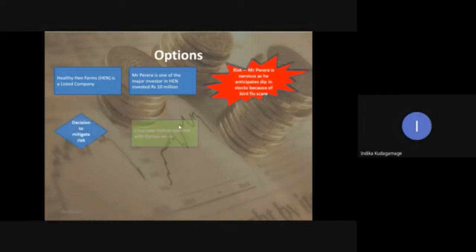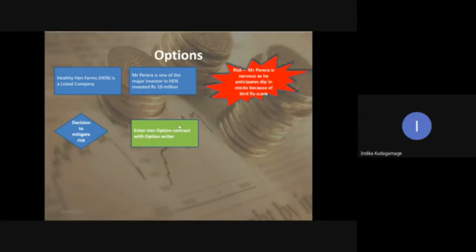Option is also a little bit similar to futures. Right? There, I'm afraid that my prices will go below 200. Forget about this example. I'll take Gamini's example again.